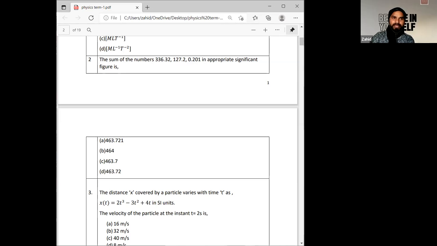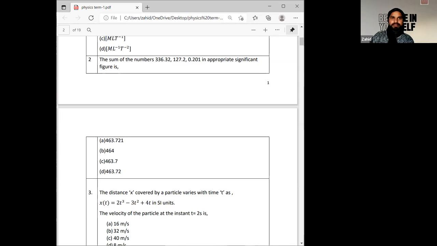Just see in this part, we have two significant figures after decimal in the first part, one significant figure after decimal in this part, and three significant figures after decimal in this part. So we have to answer in terms of the lowest significant figure after decimal while adding or subtracting.